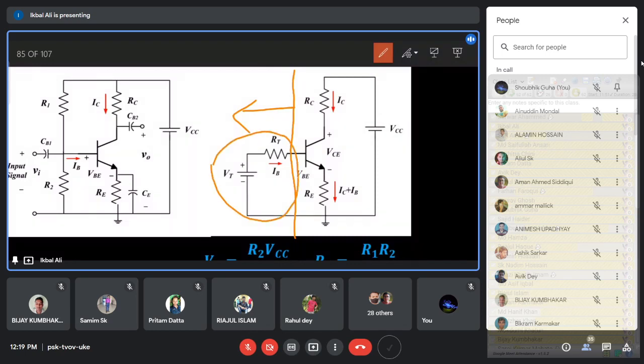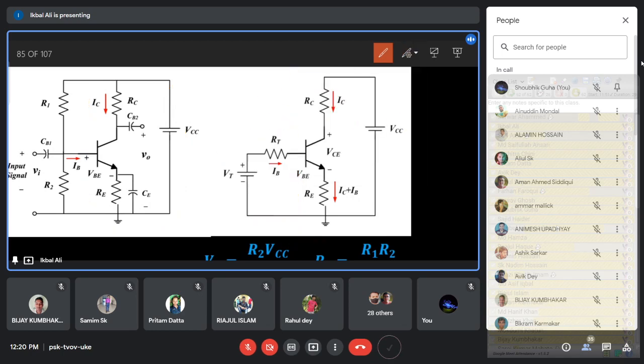But the right hand side of the circuit is unchanged. It is unaffected because the transistor is there. You cannot apply any theorems here to simplify the circuit because the transistor is present. So the right hand side, the collector side or output side, is not changed. It is the same as the original circuit.